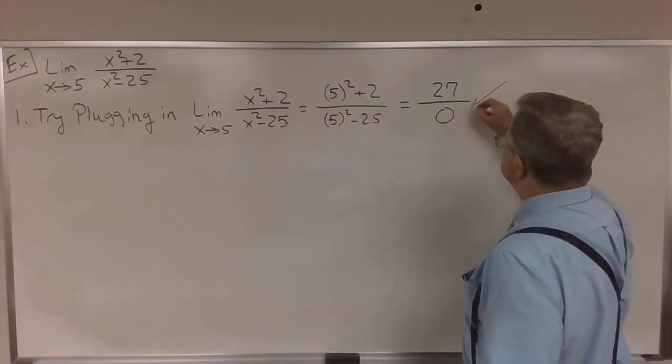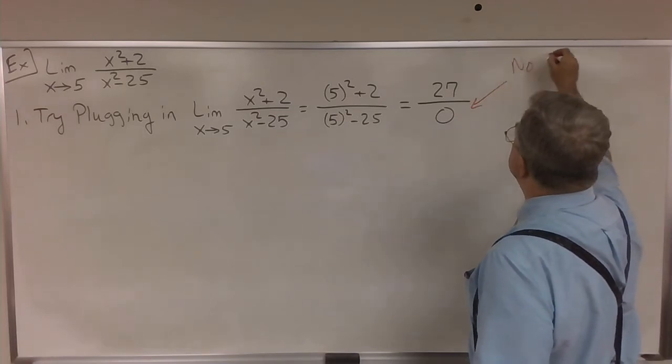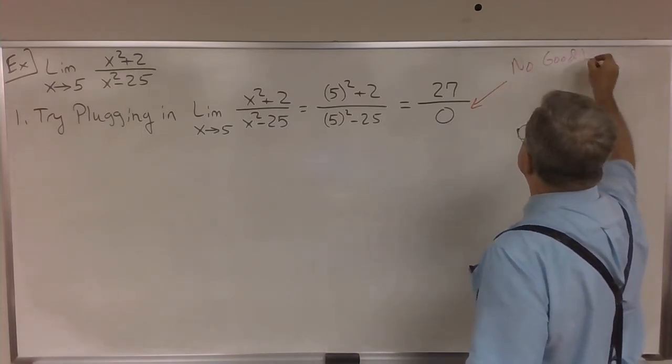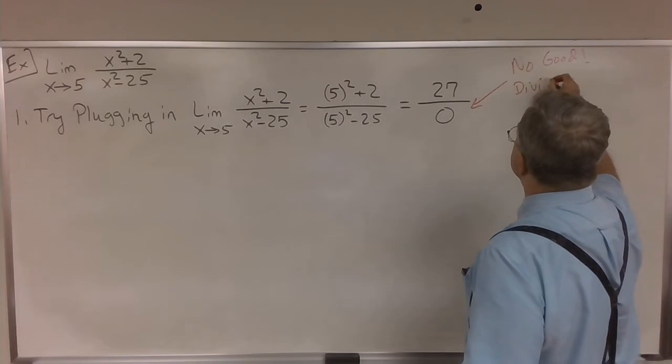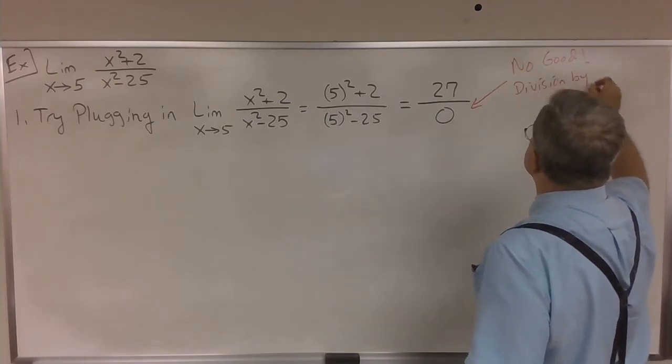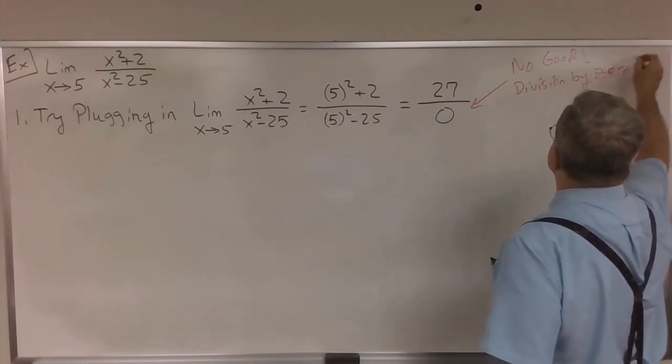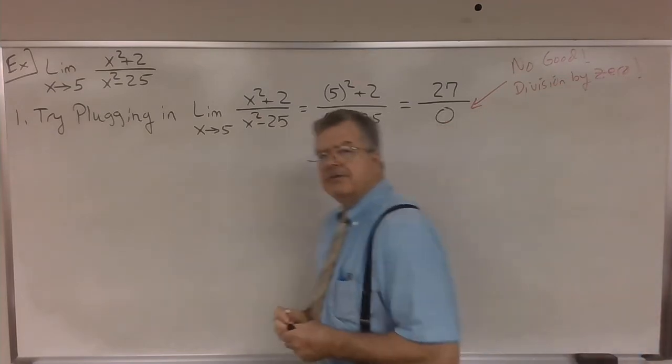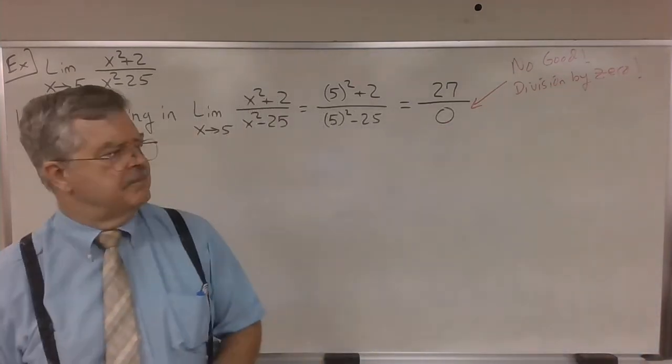Well, we've been down this street before, division by 0. So our result is invalid.